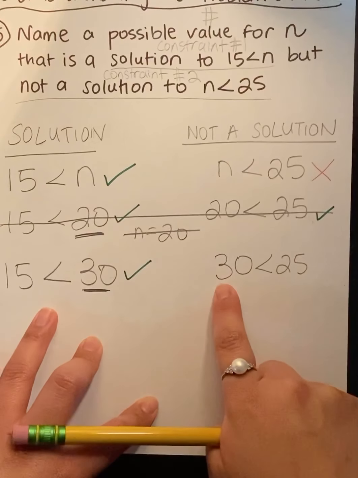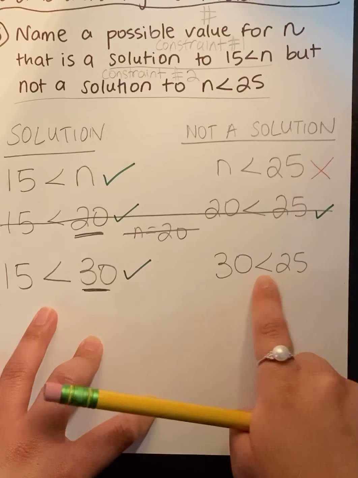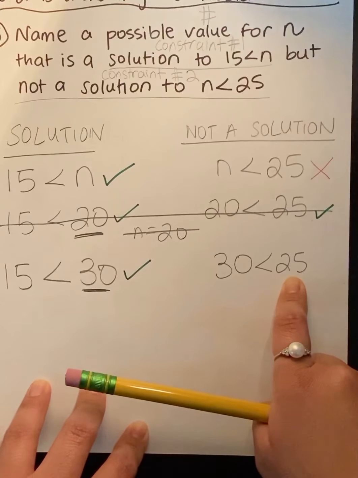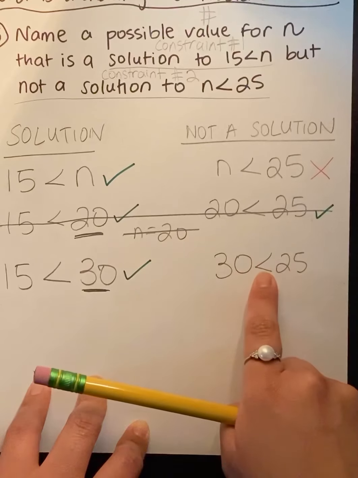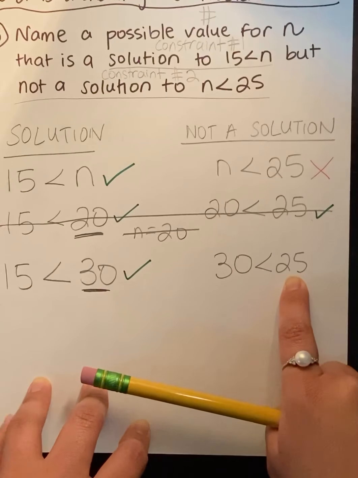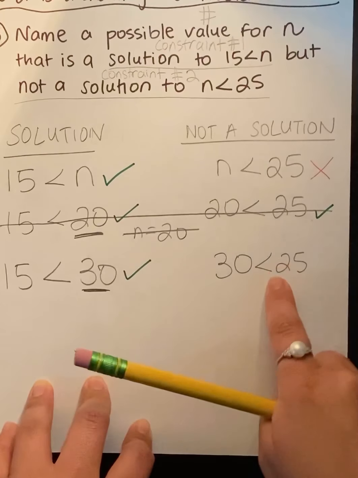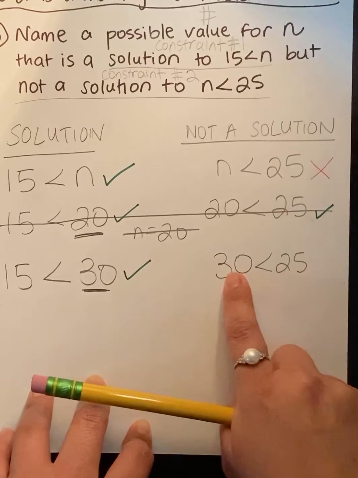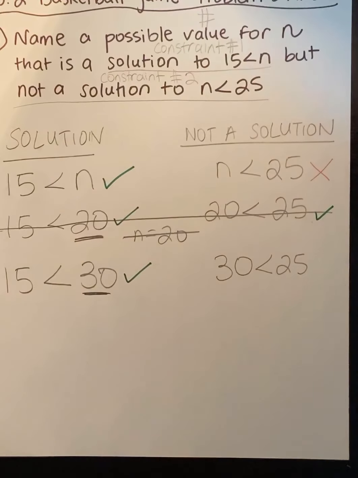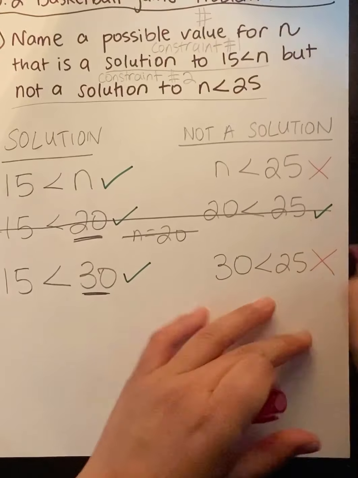So now I have 30 is less than 25. Is that true? We know that that is not true. That is false. 30 is not less than 25. So I am going to mark it with an X.